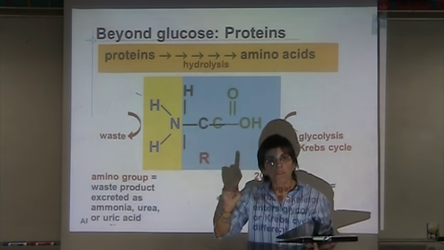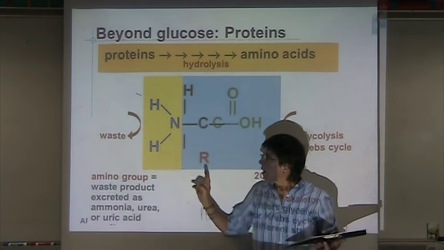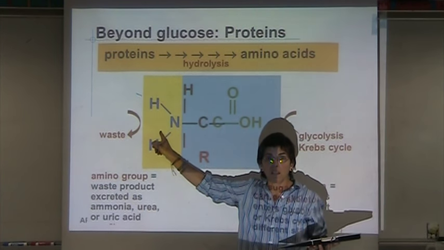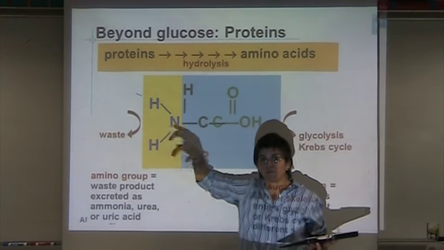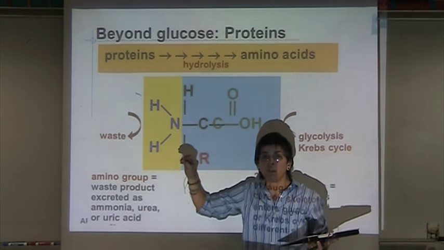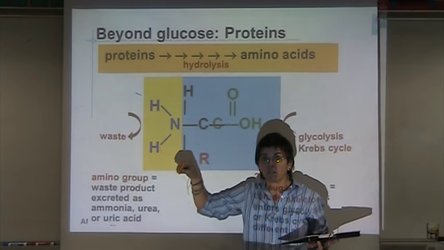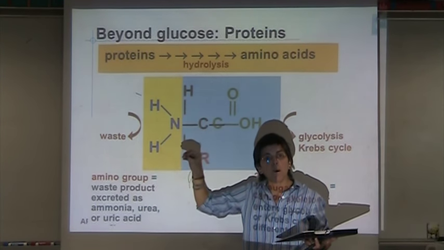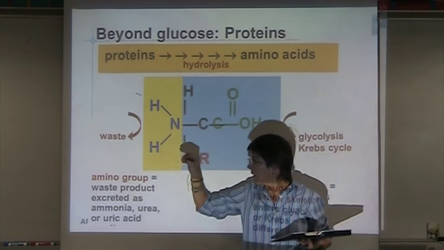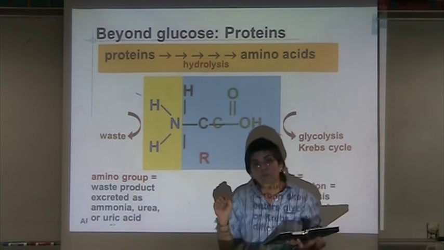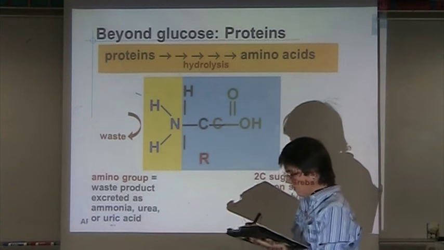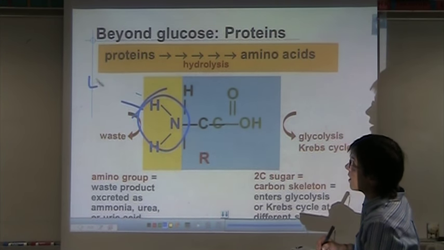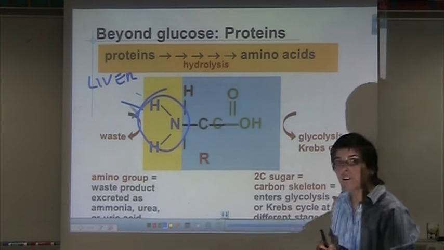And actually, I want to add something important again. The NH2 group is released by your cells as ammonia. It flows through your blood. Ammonia is toxic. It's going to kill you if you don't have enough water. So guess what your liver does with ammonia so you don't die? Your liver transforms this molecule. Hello, liver. Thank you, liver.